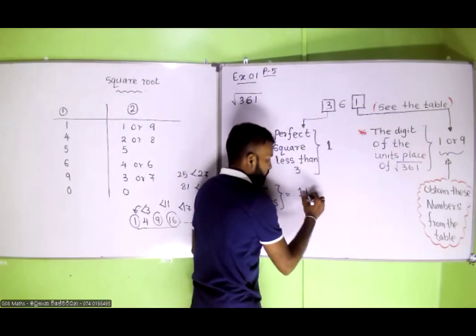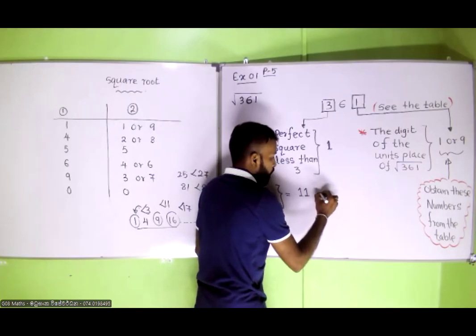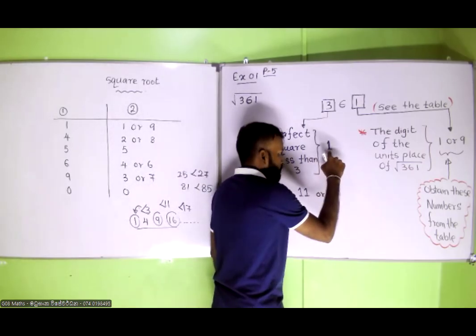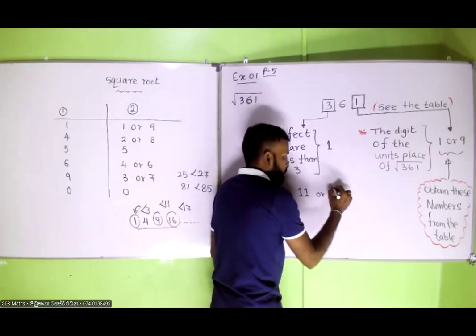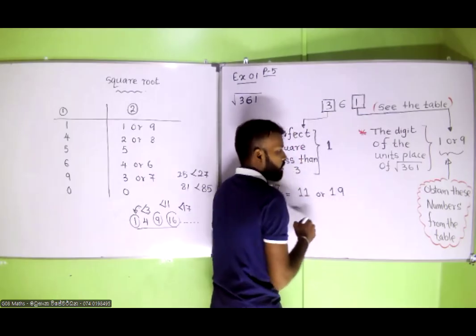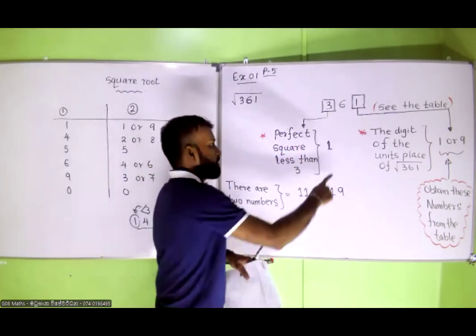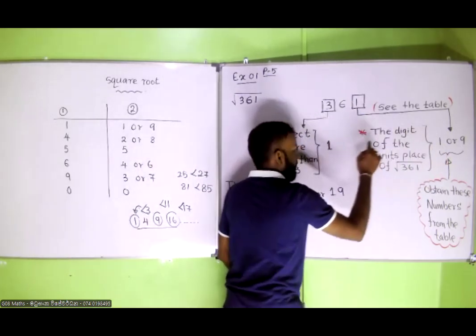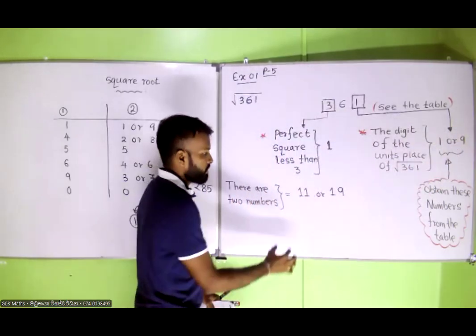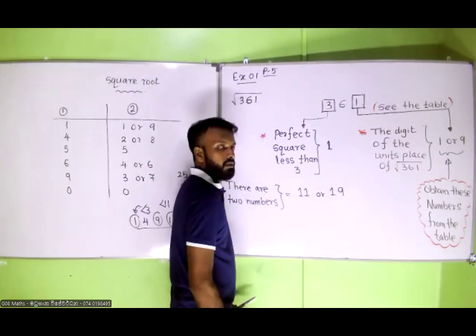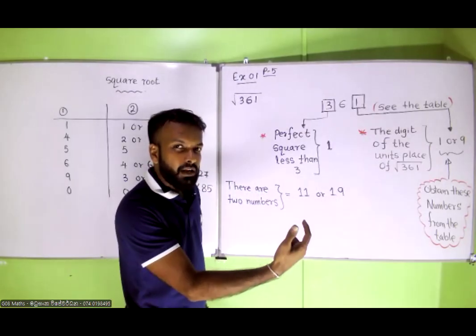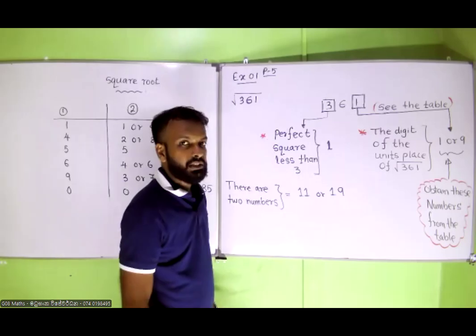So one number can be 11, or the other number, tens place might be 1, units place might be 9. So by taking these numbers, I can form two numbers, 11 or 19. So we can say 11 or 19 can be the square root of 361.